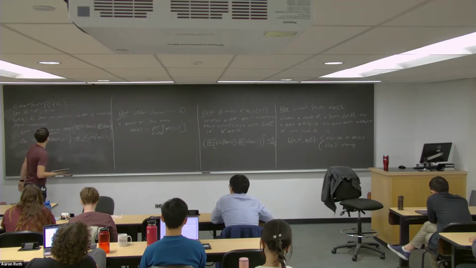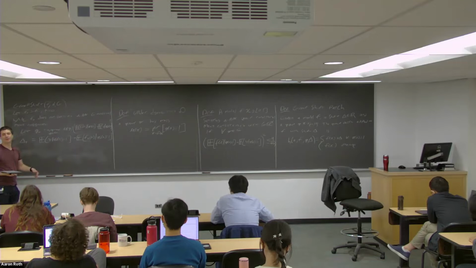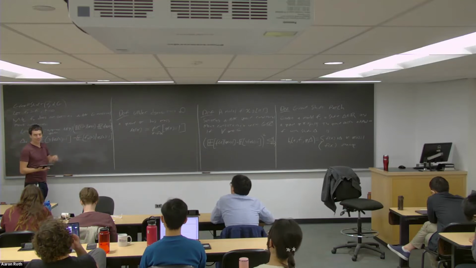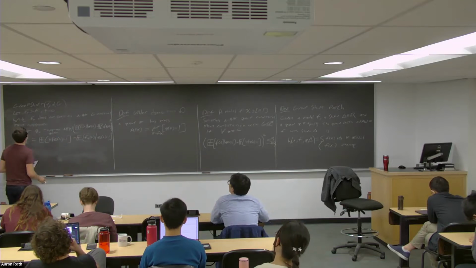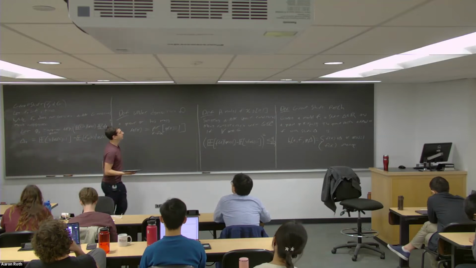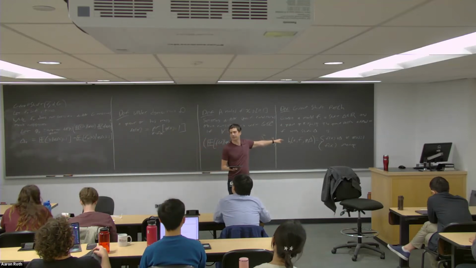This would be 0 if we were marginally mean consistent, but we're not, so it's not 0. And then, how are we going to update? Well, we're just going to apply a group shift patch to fix this problem.